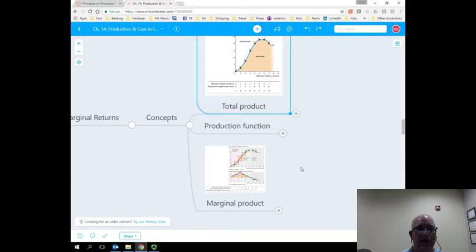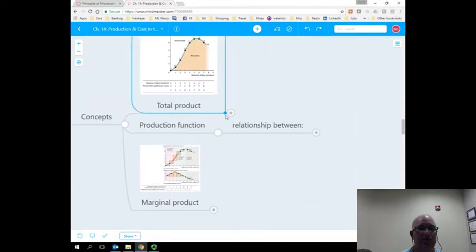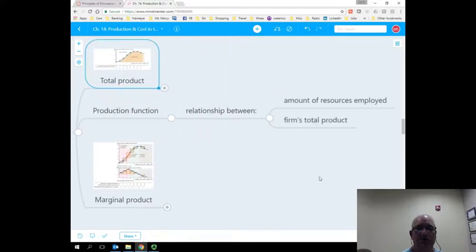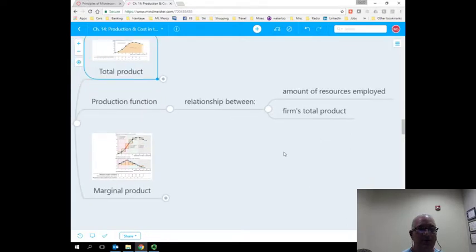Next, we'll look at the production function. The production function shows the relationship between the amount of resources employed, like labor or equipment, and the firm's total output.